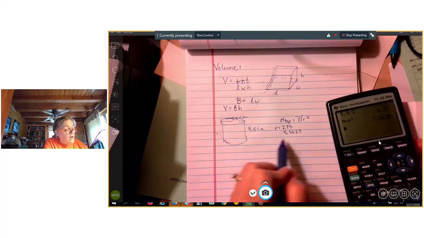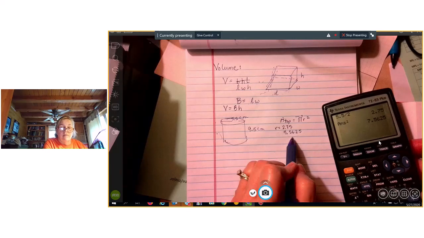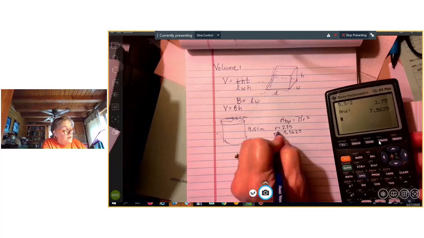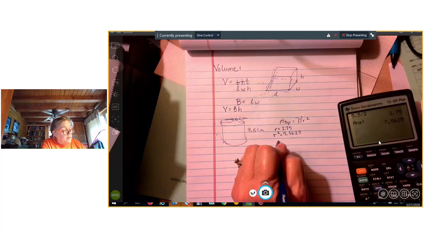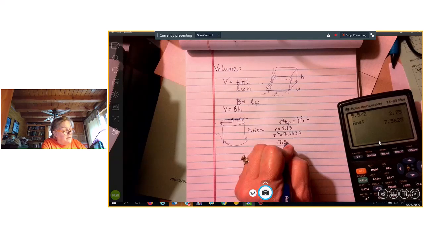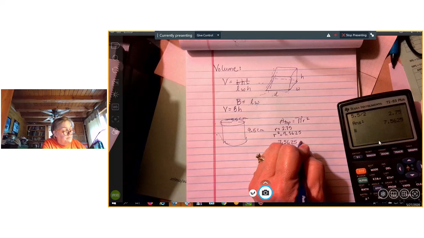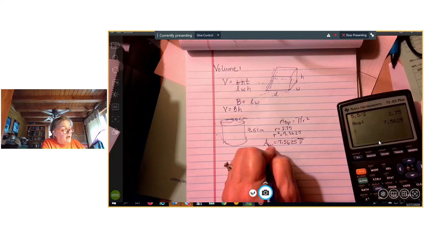Now, if I want to keep this as an exact answer, and a lot of places do because they want the most exact answer, so this is r squared, then my area for the top is going to be 7.5625 pi, and that equals the area for the top of my can.